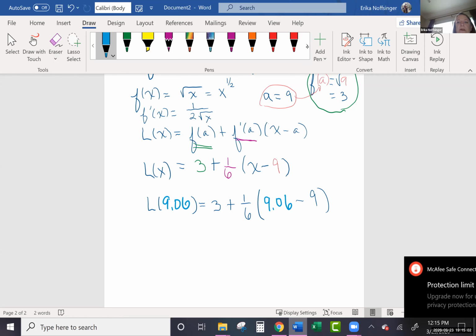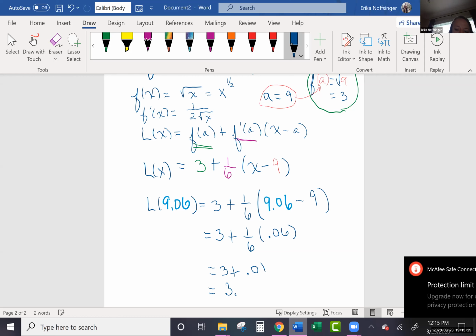So cleaning that up, we have 3 plus 1/6. Well, 9.06 minus 9 is 0.06. And 1/6 times 0.06, well, 6 goes in there evenly, so it goes in 0.01 time. So this is equal to 3.01.